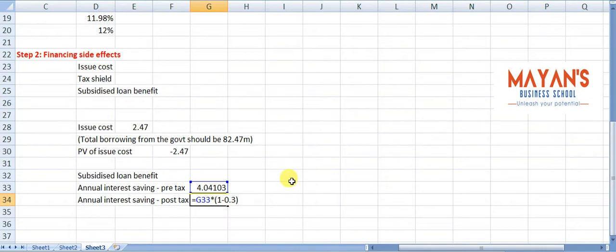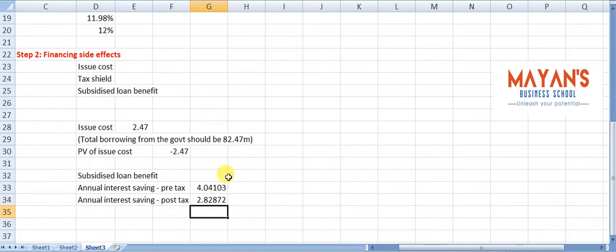Because if you save $100 on your interest, then you will end up paying $30 tax extra, because profit goes up by $100. If profit goes up, your tax also goes up. 30 percentage. Clear? So to get post tax, you get this.